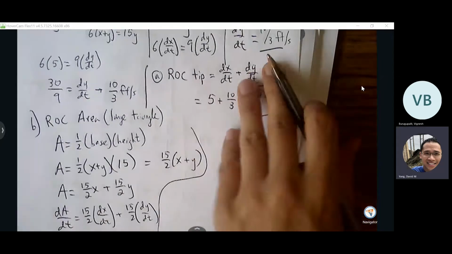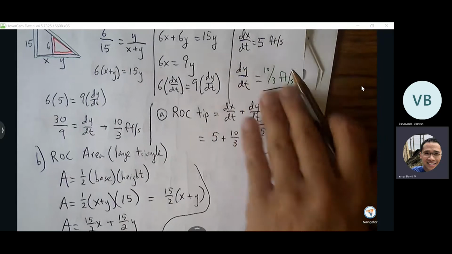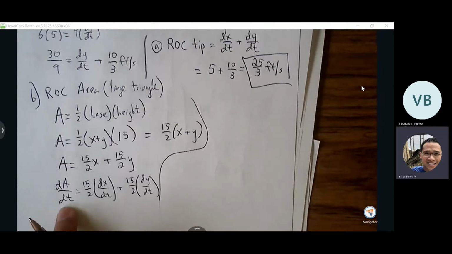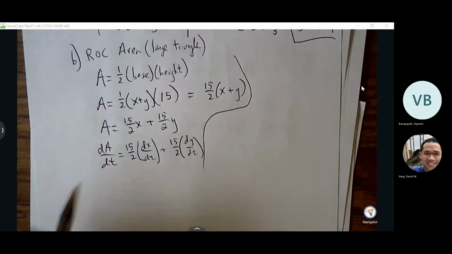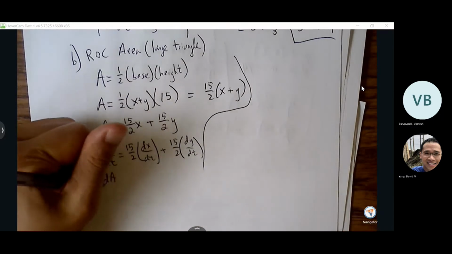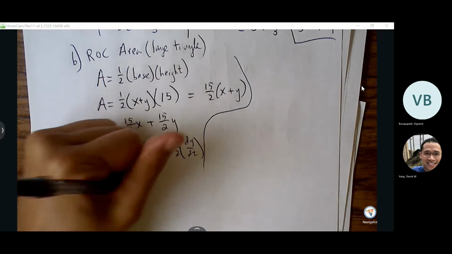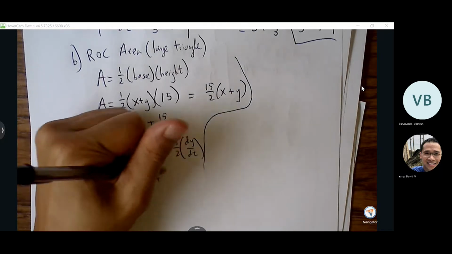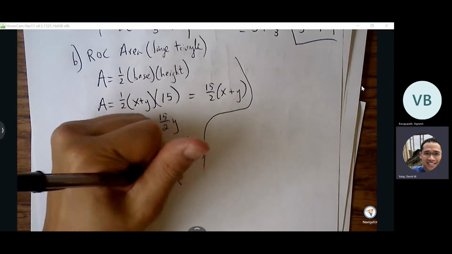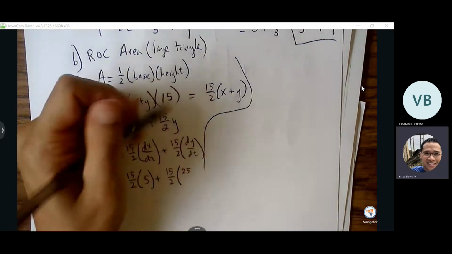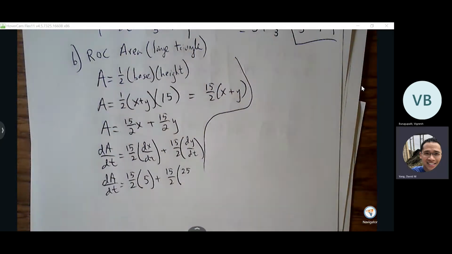Everything that we have gathered before is still usable. Just have to put it in this formula here. Oops, 10/3.